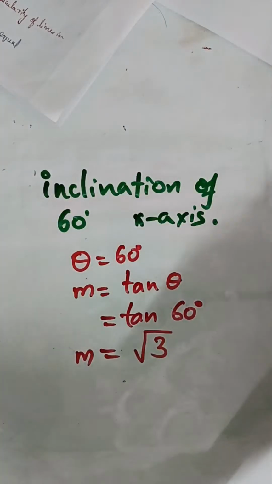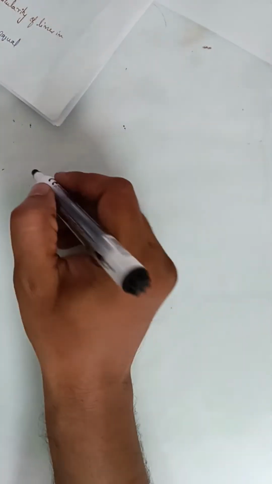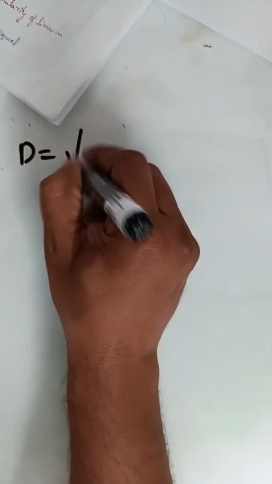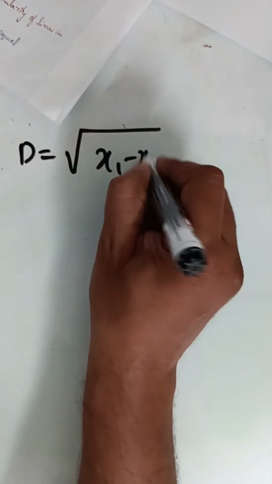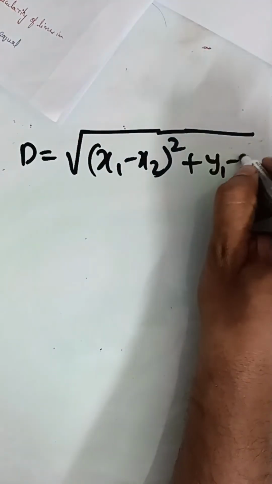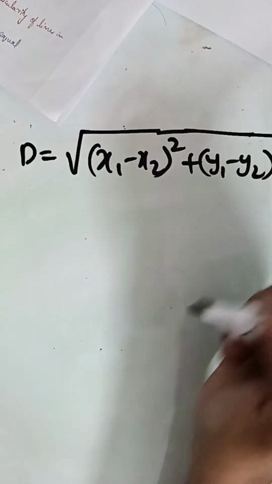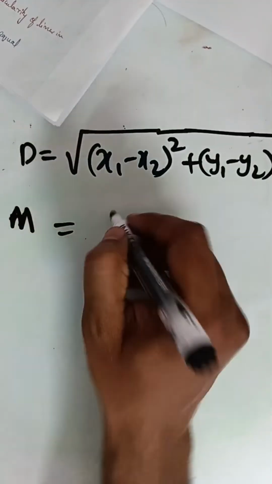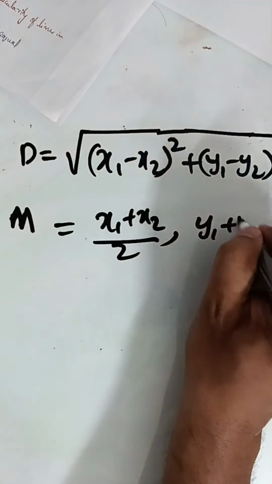Before going to the next topic, I will give some previous formulas so that you can remember well. The formula of distance is the square root of (x1 minus x2) whole square plus (y1 minus y2) whole square. The midpoint is (x1 plus x2) by 2 comma (y1 plus y2) by 2.